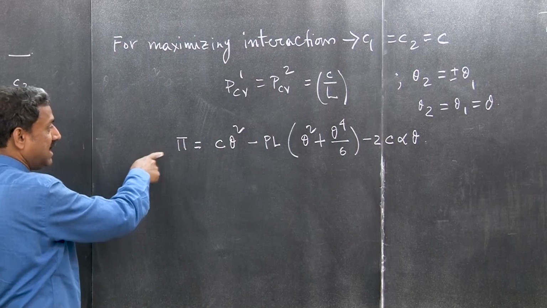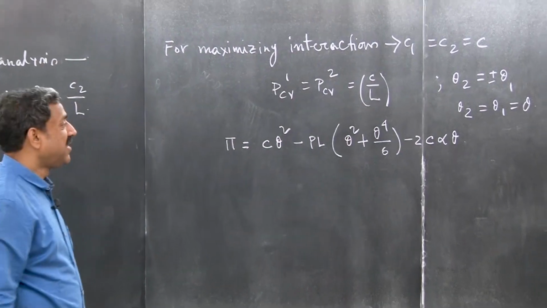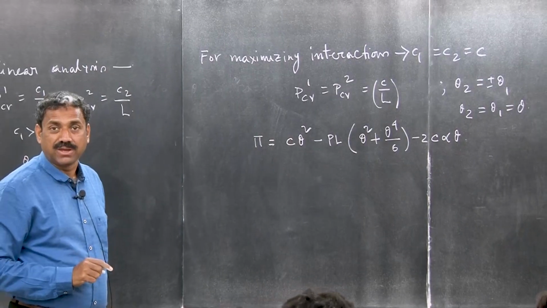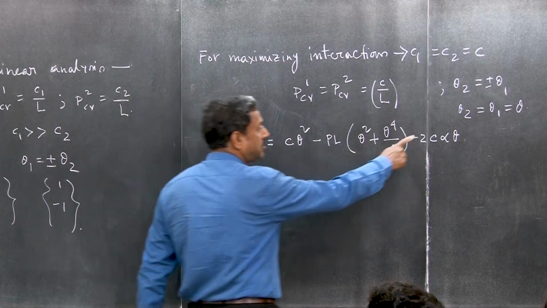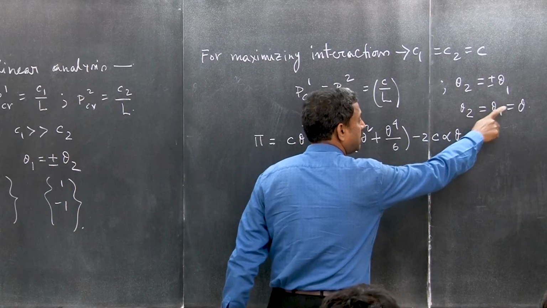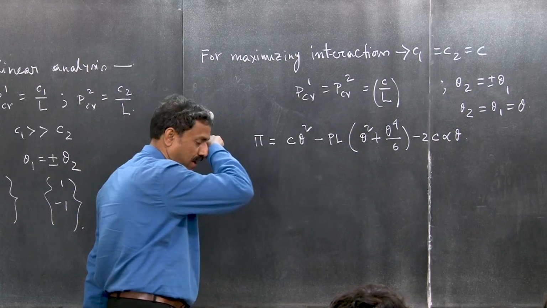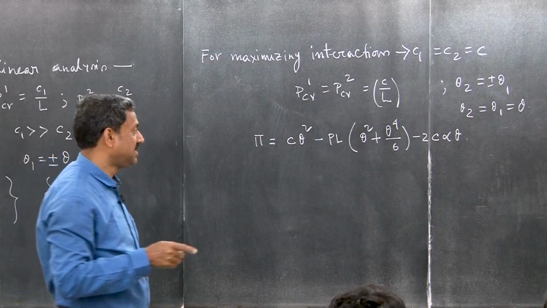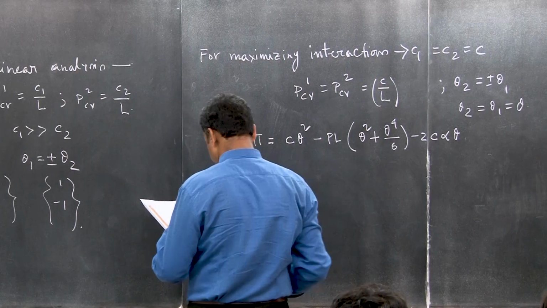This will be the expression for the potential energy when this mode multiplicity is occurring, okay. I am substituting theta 2 equal to theta 1 equal to theta, and both the critical loads are identical, okay, multiplicity, and this is the expression for phi, okay.